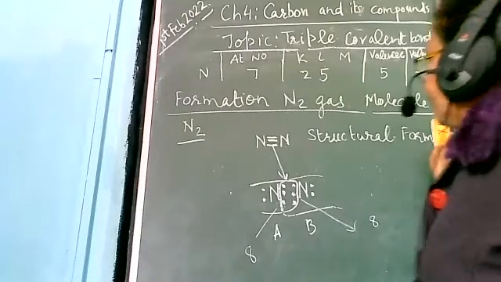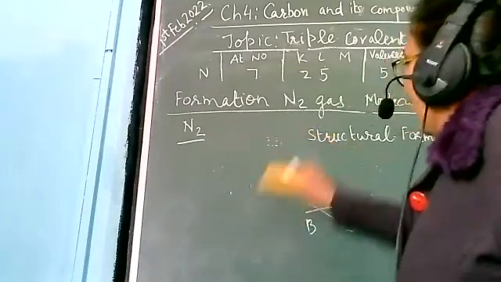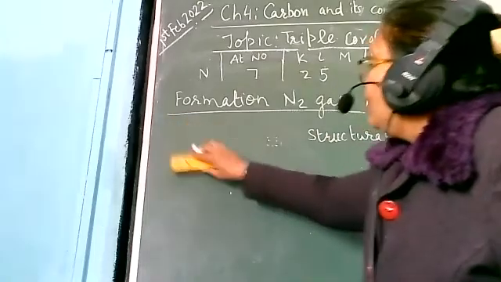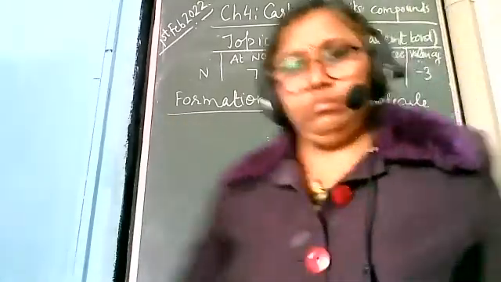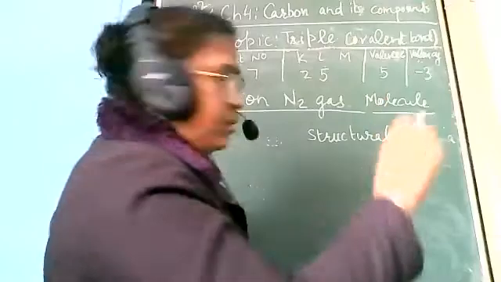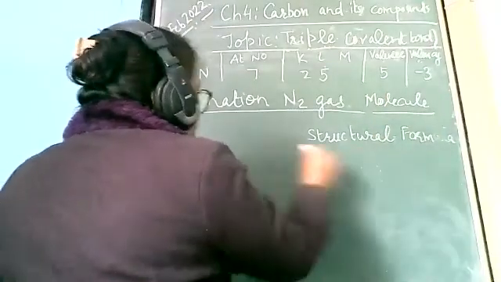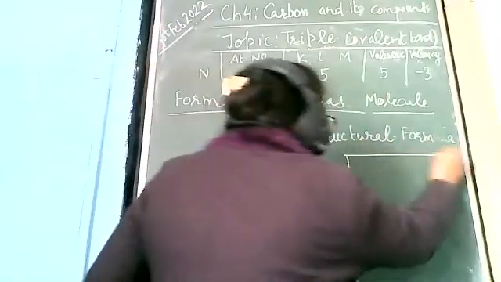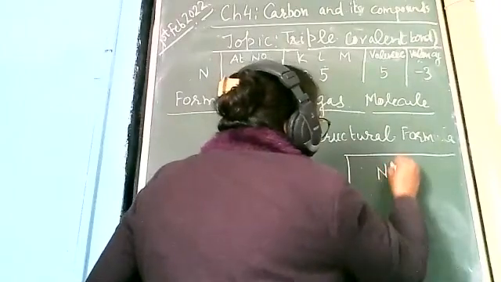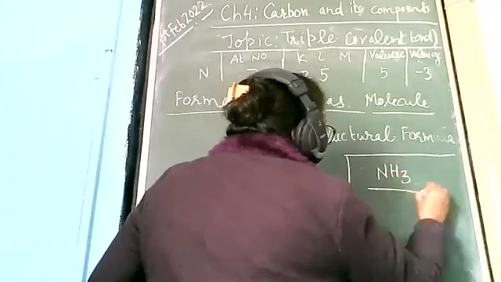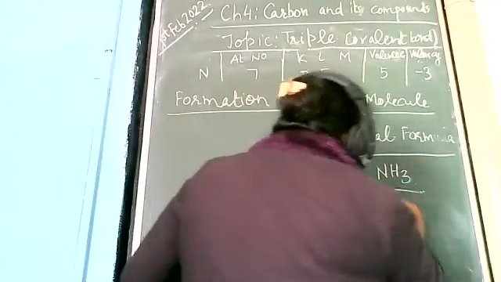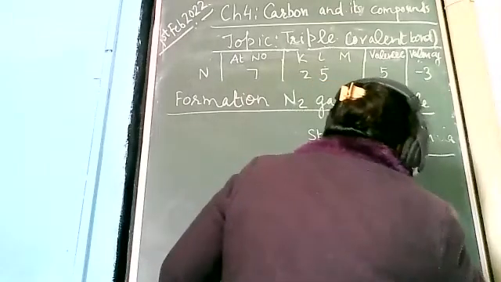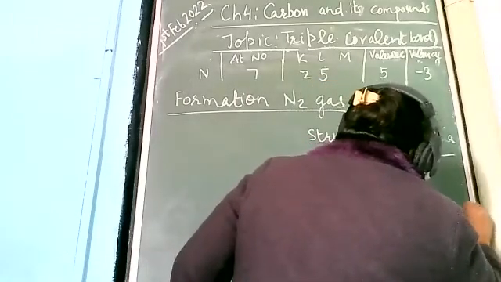Okay. So suppose I give you the example of ethine. Before we start ethine, in single covalent bond, one more example I am giving you to do yourself, that is ammonia gas formation. What will be the ammonia formula? NH3.